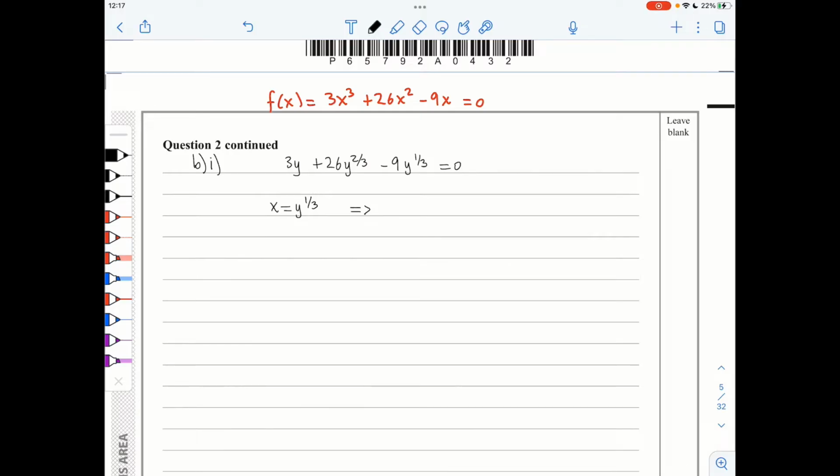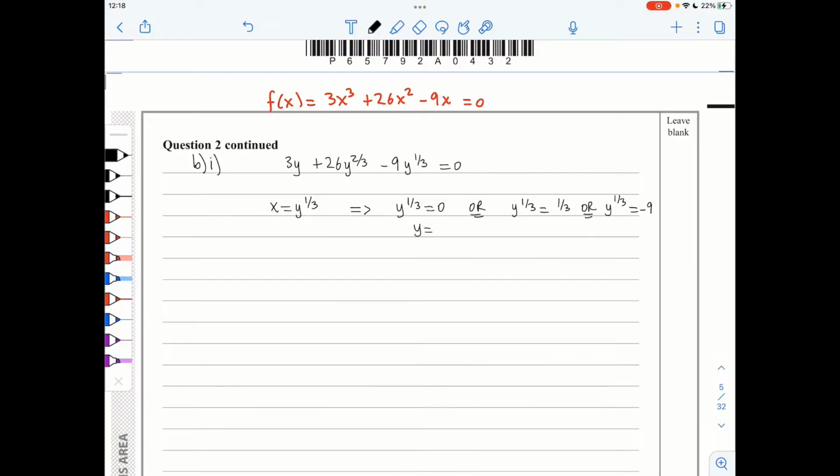So if x is y to the 1/3, it means that the 3 solutions, x is 0 or a third or minus 9, are now y to the third is 0, or y to the third is a third, or y to the third is negative 9. Now the way to remove the power of a third is to raise the other side to the power of 3.